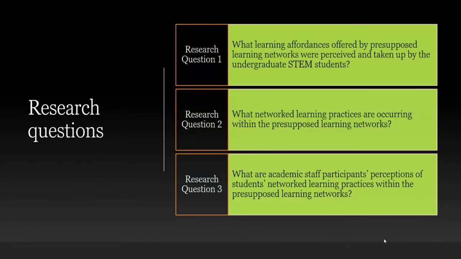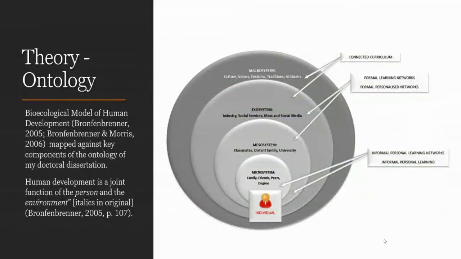And the third research question is what are academic staff participants' perceptions of students' network learning practices within the presupposed learning network. So as you can see, I tried to have this holistic view, not only students, but students and the academic staff, which actually was a relatively good strategy. You will see at the end.